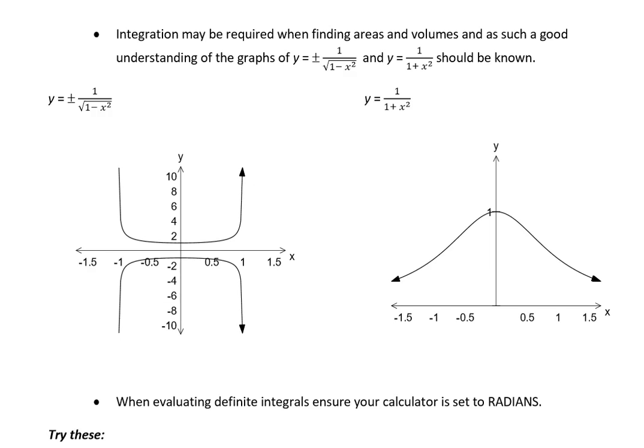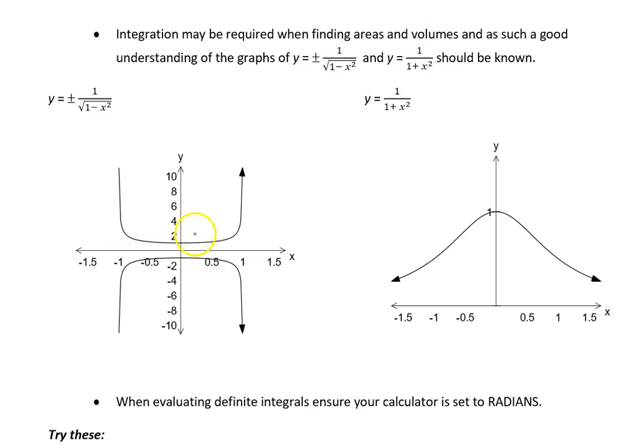We know the application of integration is to find the area or the volume of a solid. So if we have the integral of, for example, 1 over square root 1 minus x squared, we would need to know what that graph actually looks like, because we're finding the area under the curve. You really will need a very good understanding of the graphs of these three situations.